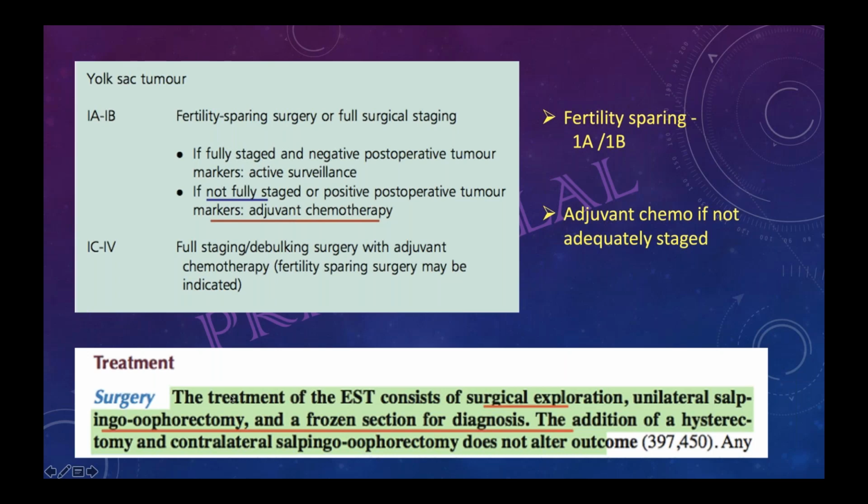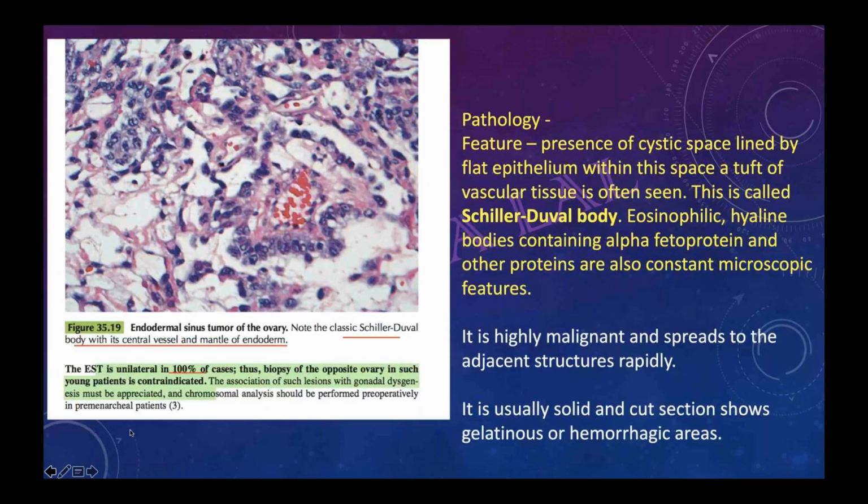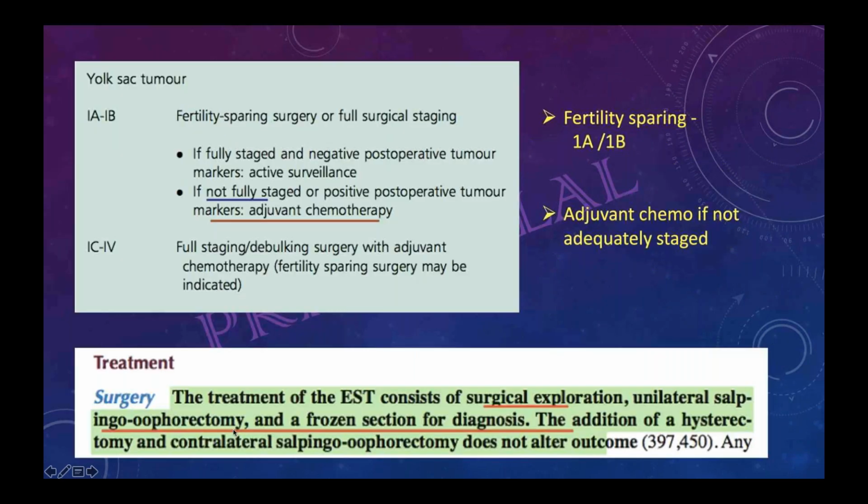Okay, so this is the basic thing. So the answer for EST treatment will be surgical exploration, unilateral oophorectomy, because EST is a unilateral tumor. So why remove the other ovary? If hysterectomy and oophorectomy is done, the outcome will not change, because it is 100% a single ovary tumor.